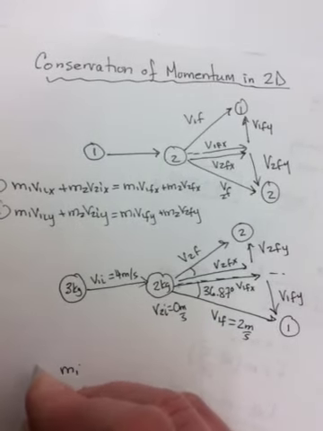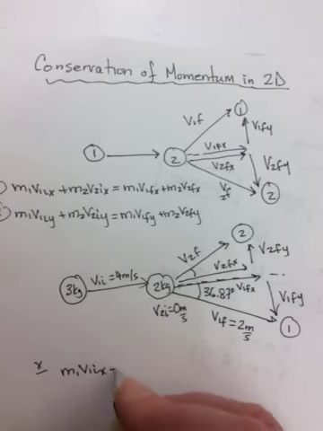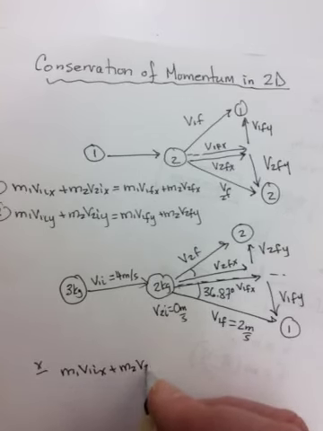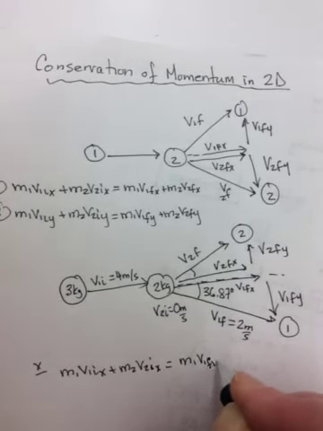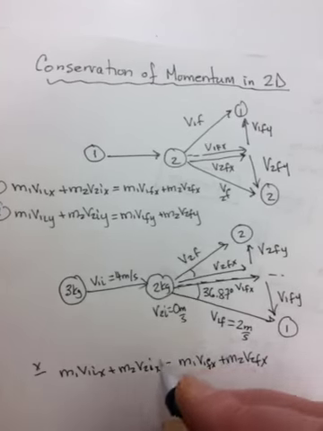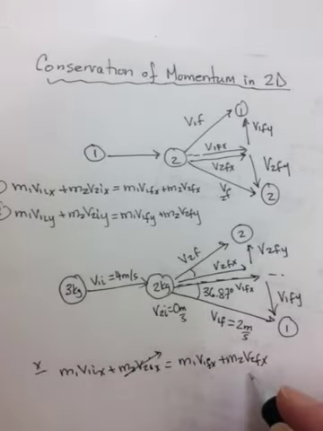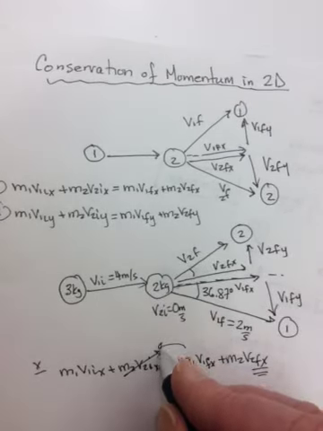So doing this, starting in the x direction, m1 v1 initial x plus m2 v2 initial x equals m1 v1 final x plus m2 v2 final x.